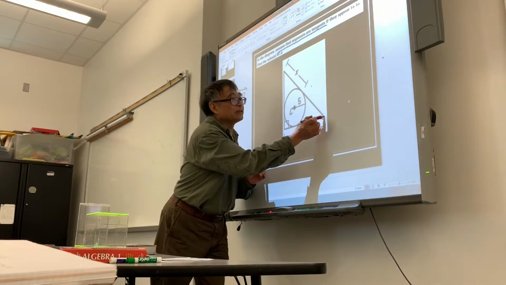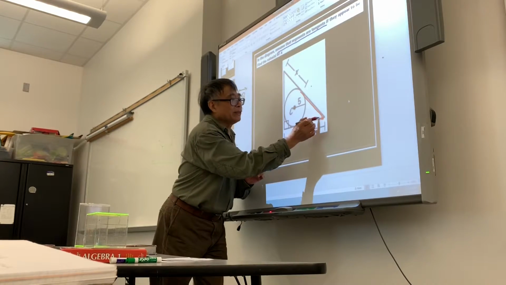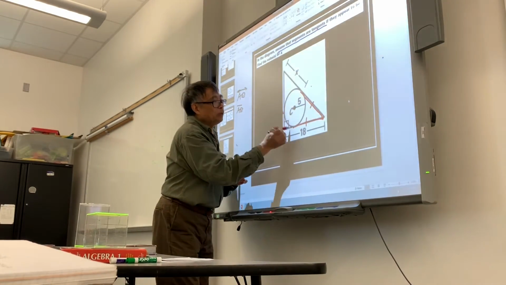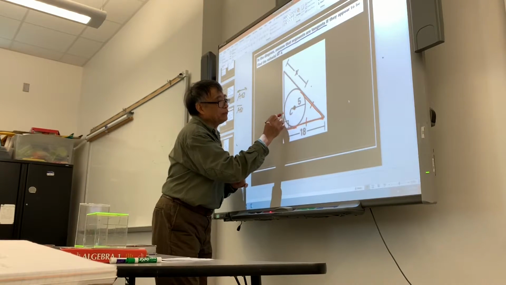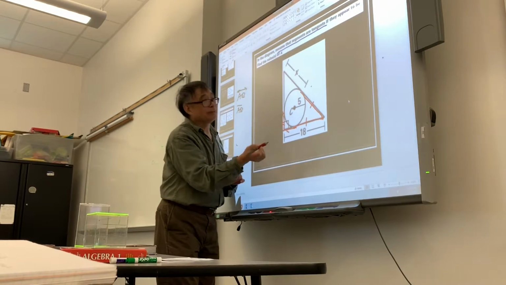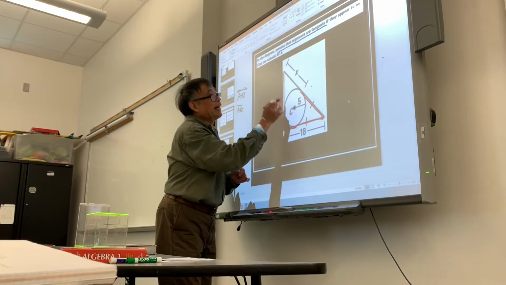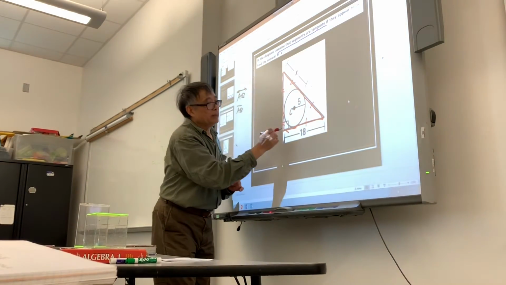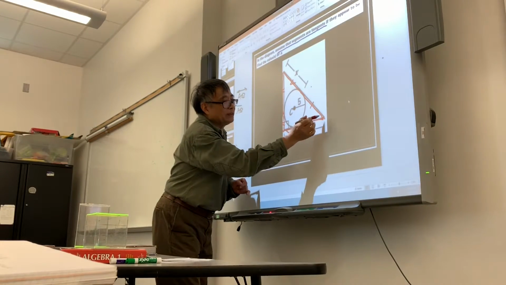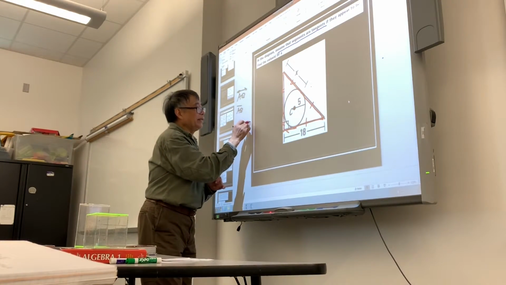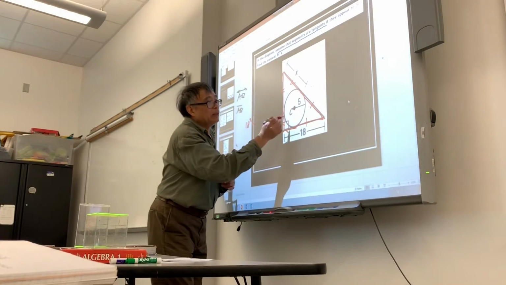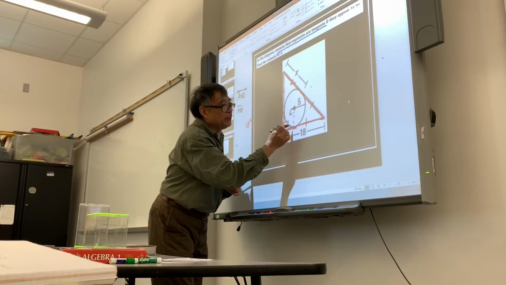From this point, go to this side, go to this side, congruent. This point, go to this side, go to this side is congruent. This side is congruent. Now, Pythagorean theorem, this is A squared, B squared, for this part, radius, this is radius.